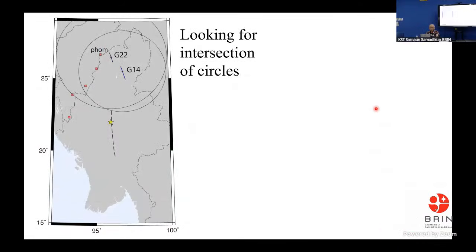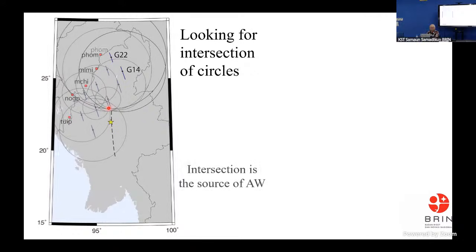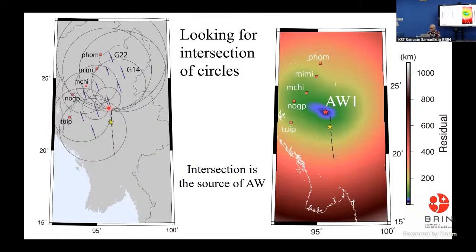Okay, so by using this information, we can draw circles around this particular point. Then the intersection of the circles would be the place where the acoustic wave was generated. So I plot all the circles. Then you can pinpoint where the acoustic wave was excited.